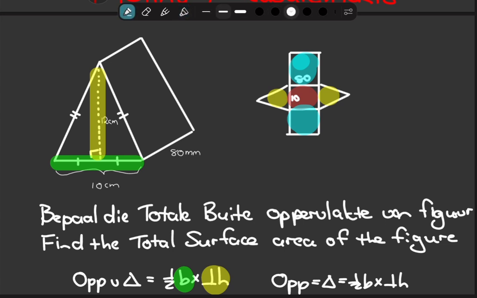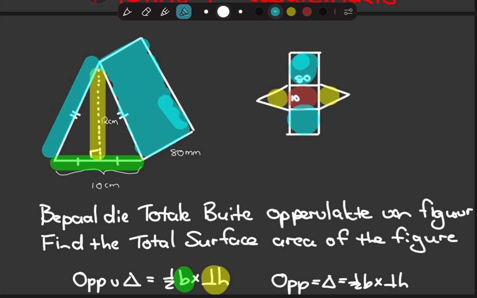Imagine nou vir jou, sal dit sin maak dat hierdie piece, and then obviously the piece in the back would be exactly the same size, né? Omdat, hoekom is dit so? Want hierdie twee beentjies sê dit vir my. Okay, so in fact, we need this size here, or this size here. Ons het daai kante nodig. So hoe gaan ek dit kry?